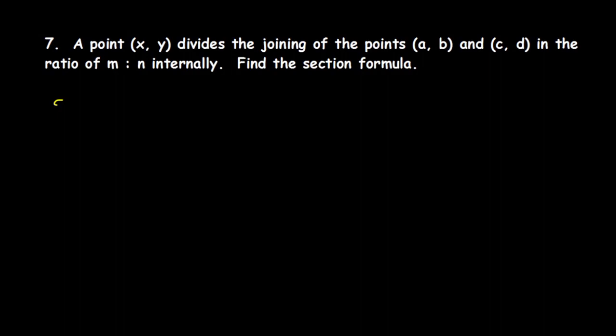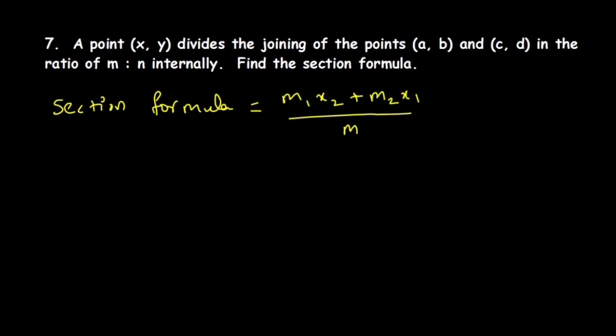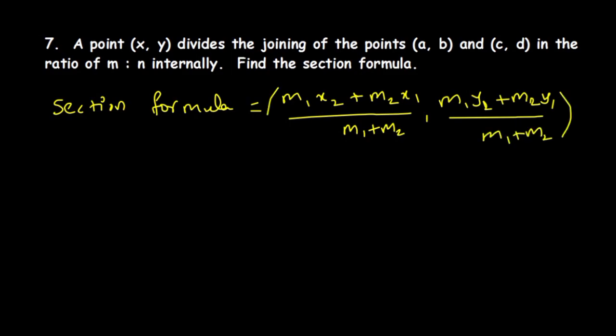Generally, the section formula is (m1x2 + m2x1)/(m1 + m2), (m1y2 + m2y1)/(m1 + m2).